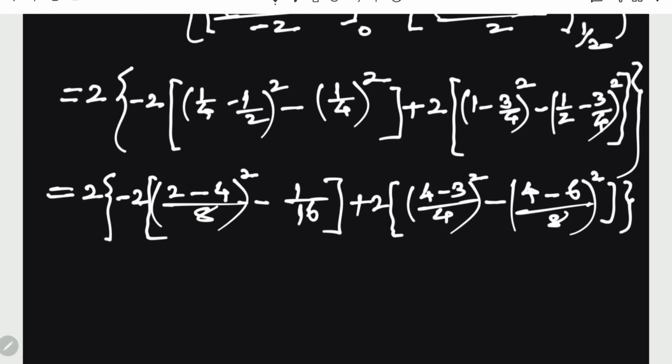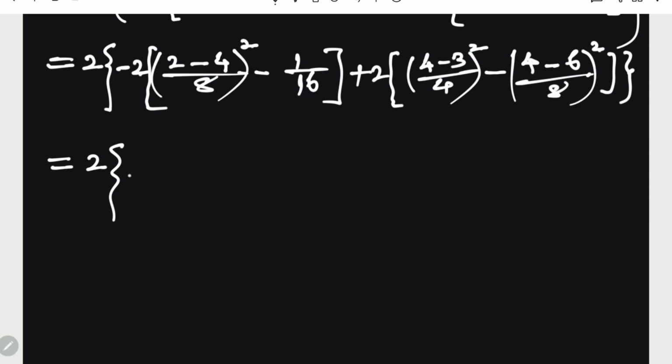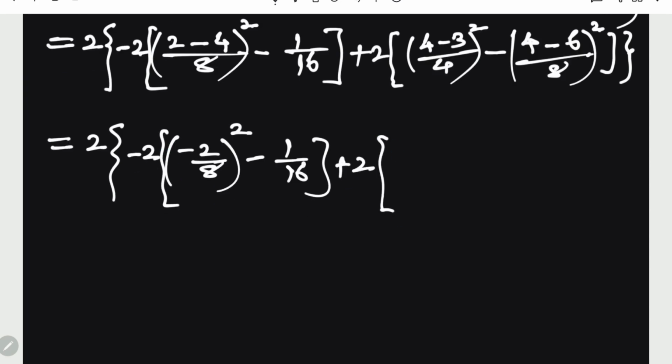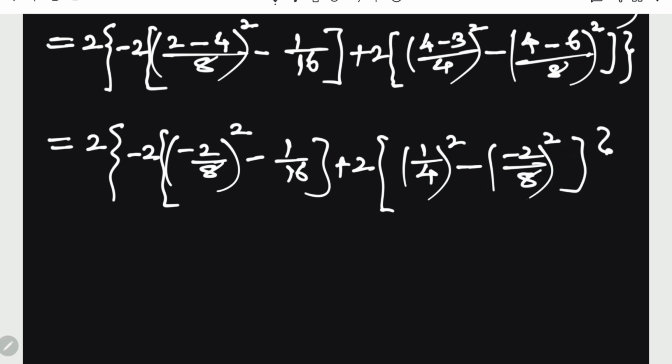Then again simplify it: minus 1 by 2 multiplied by 2 minus 4 is minus 2 by 8 whole square minus 1 by 16, plus 1 by 2 times 4 minus 3 is 1 by 4 whole square minus 2 by 8 whole square.